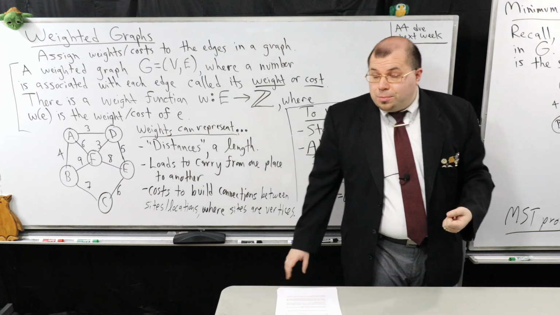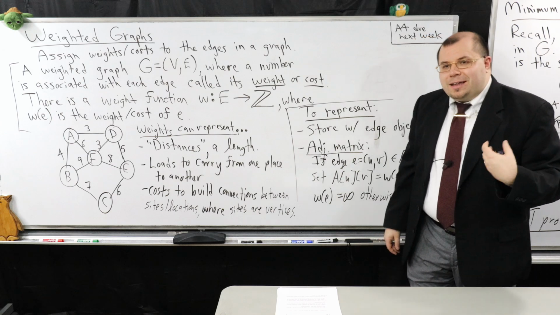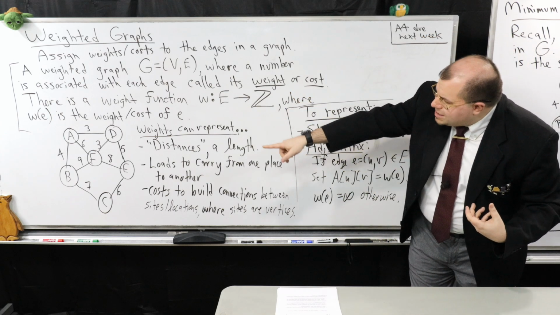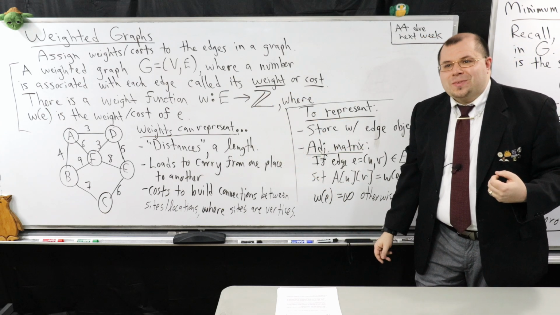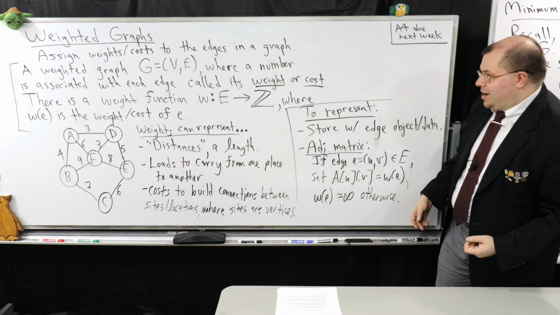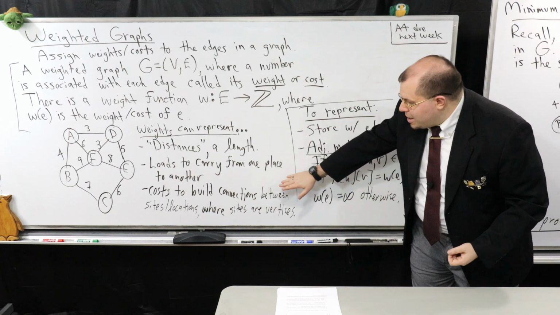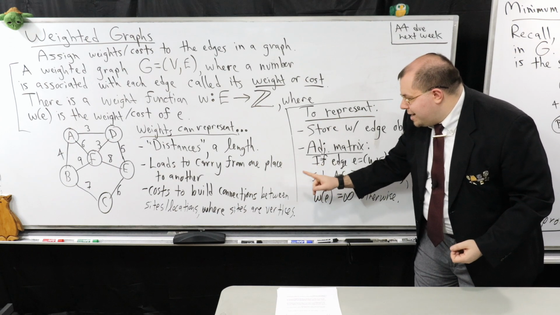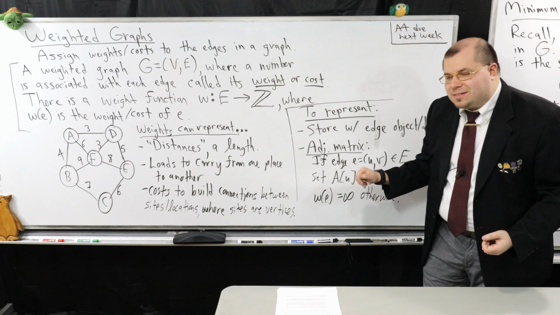Another type of problem that you might run into is where you think of this graph like a network of sites or locations, or like computers in a computer network. The edges might represent costs to build connections between the sites or locations.